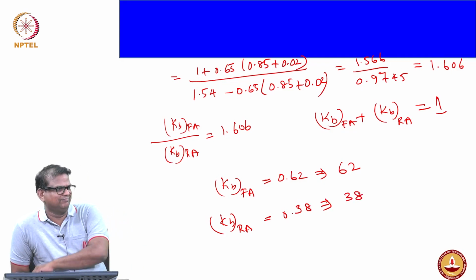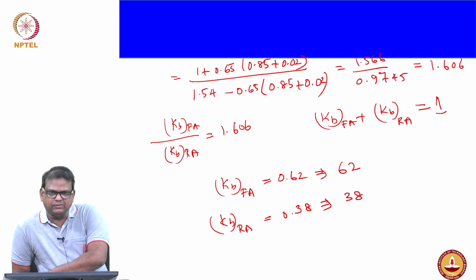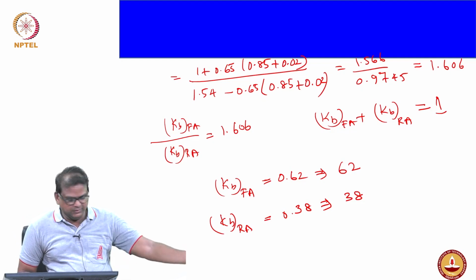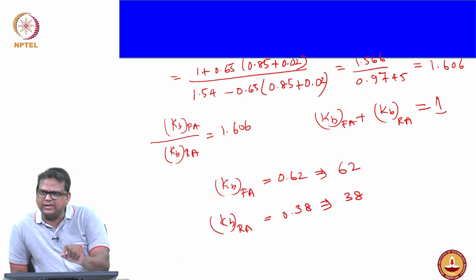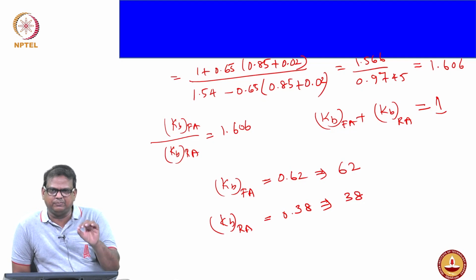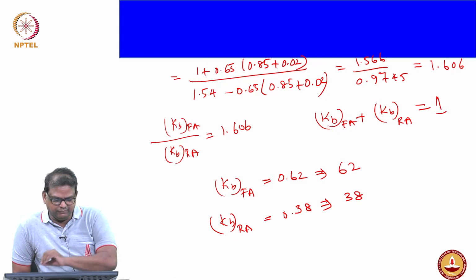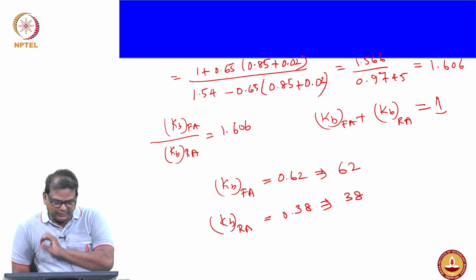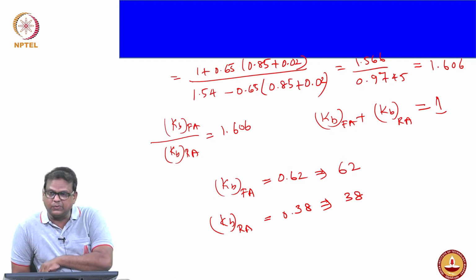This is the proportion of brake force distribution at the front axle as well as the rear axle. So given this condition, where the surface is concrete with road adhesion factor 0.85, we have got the brake force distribution for the front axle as well as the rear axle.